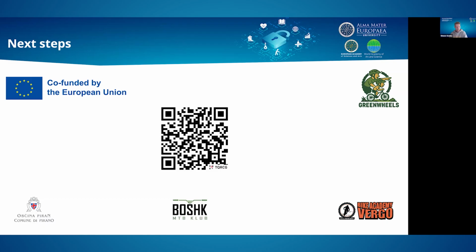We already did it before the project Green Wheels, but now with the funds, we will have the options to make it even more accessible, because we will organize also free courses and so on. But as part of the equipment, we as a club already have agreements with different partners, so the members of our club can buy the equipment cheaper with discounts and so on. That's great, thank you.